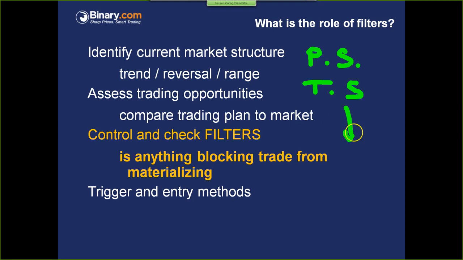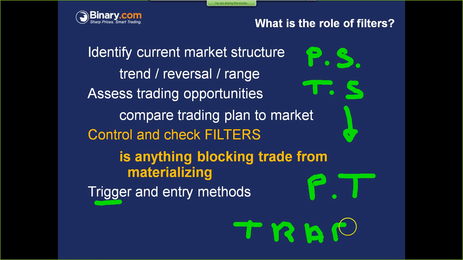And once we've checked the filters and there's no filter left, then we actually have a potential trade. Okay? So that's the difference. And once we have a potential trade, then we want to take a last look at triggers, and then eventually we'll have an actual trade. So that's basically the steps we traders want to take a look at before we actually trade.